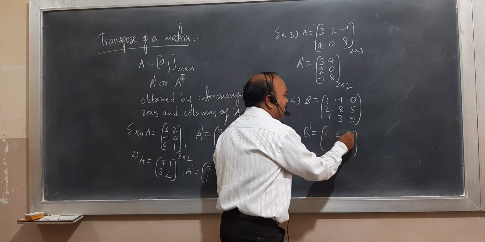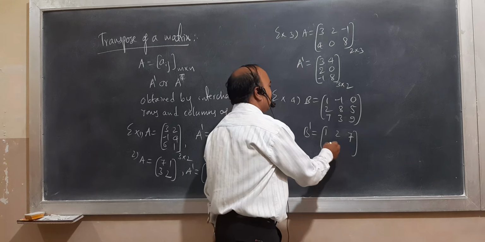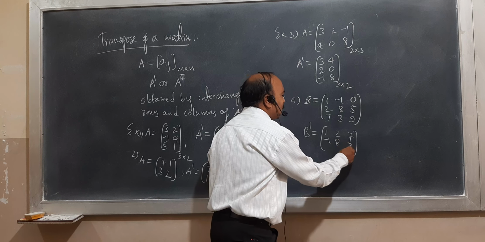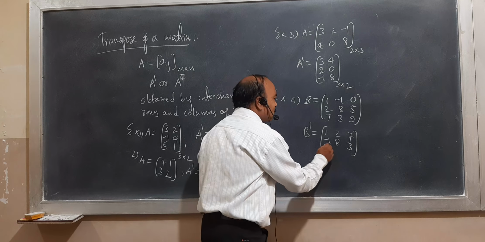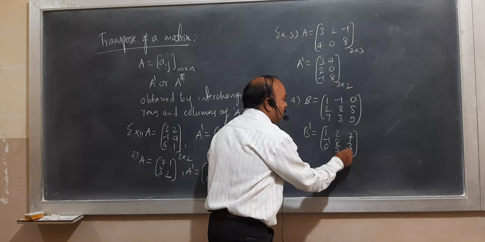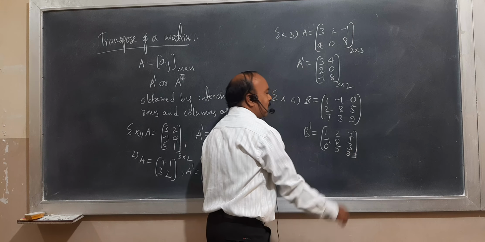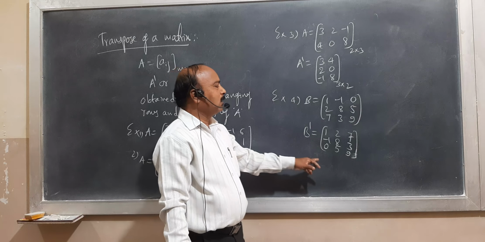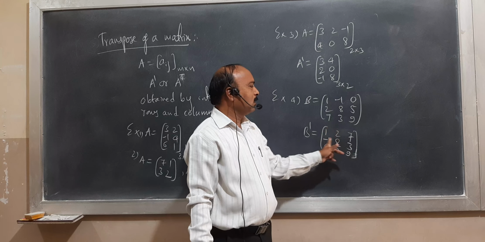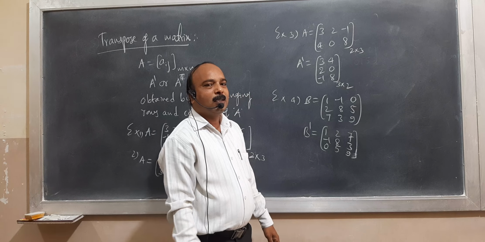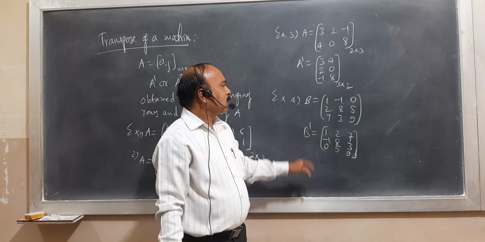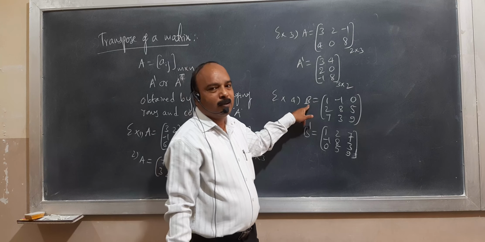That is 1, 2, 7. Second row, -1, 8, 3. And the third row is 0, 5, 9. Now here you observe every row is changing into a column and every column is changing into a row. So this is the required matrix, which is the transpose of the given matrix.